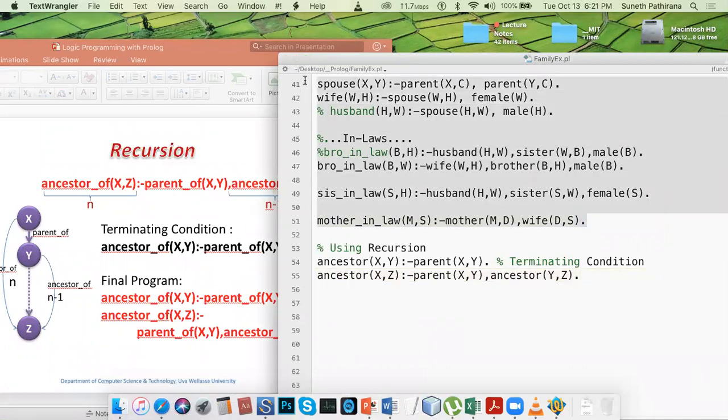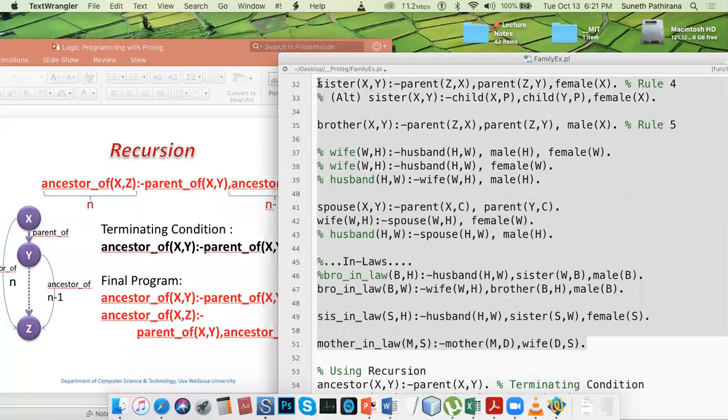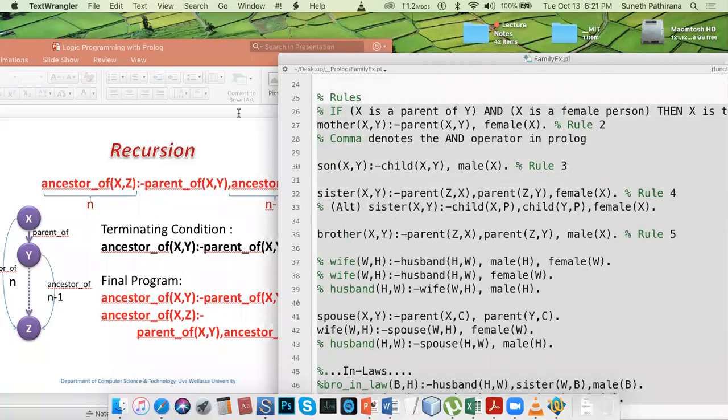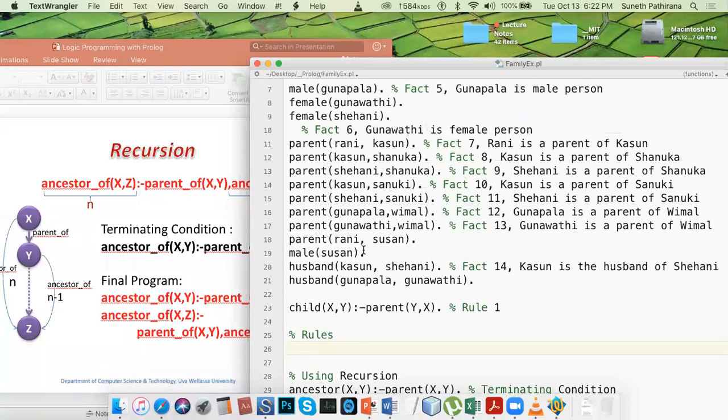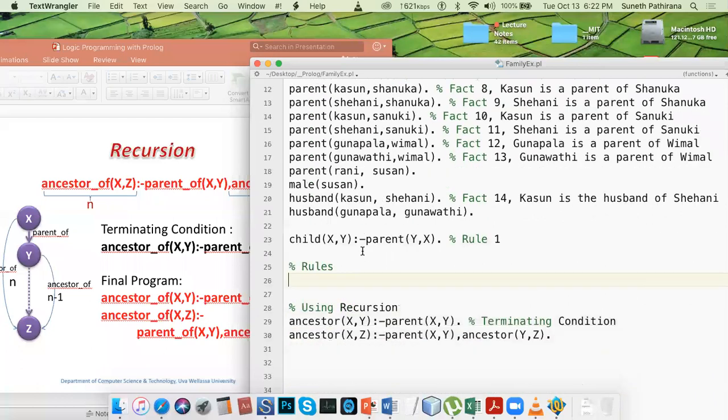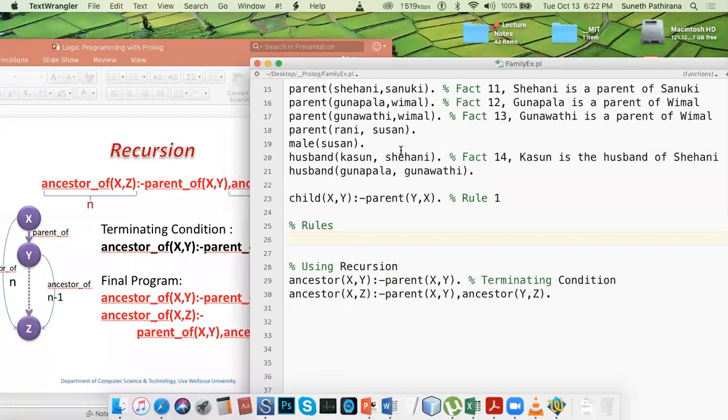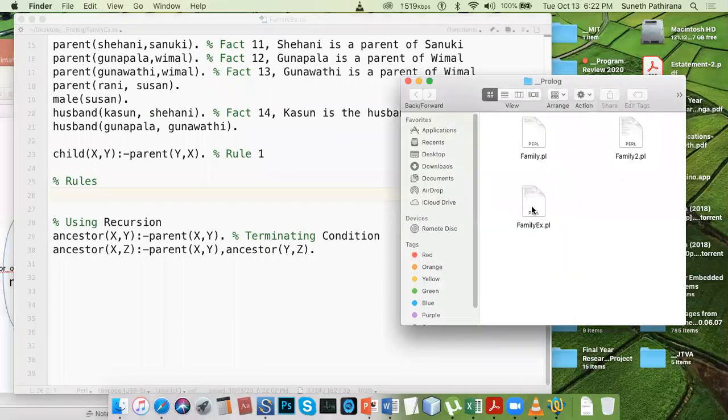I will delete the in-law, spouse, brother, sister, son, mother and other rules, because that can cause some unnecessary contradictions. And the parent relation should be defined. So shall we execute this and try out whether the program can infer?